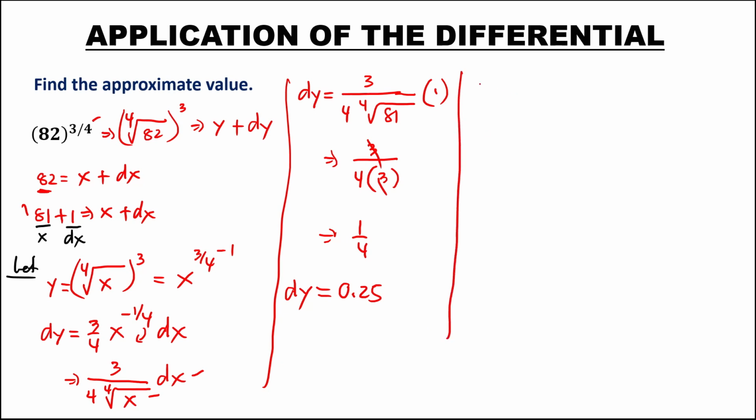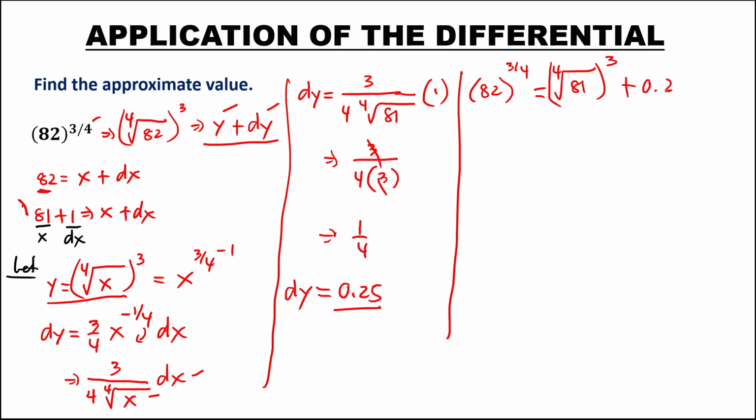Then to find the approximate value for 82 to the power 3 over 4, from this formula, y is the fourth root of x, and x is 81, quantity to the power 3, plus dy, and dy is 0.25.